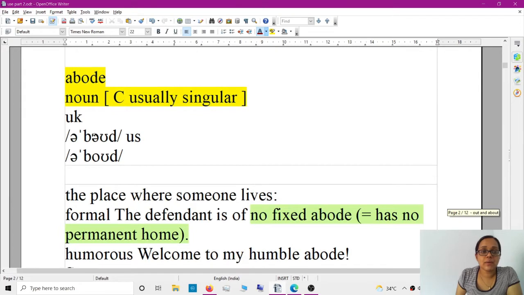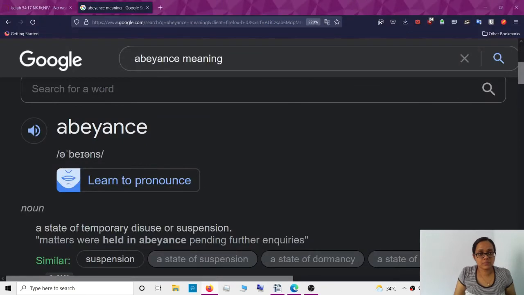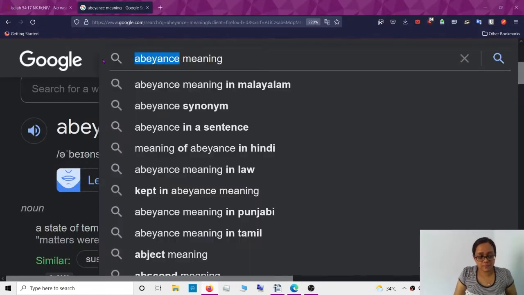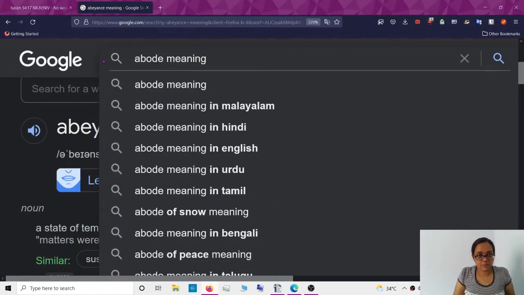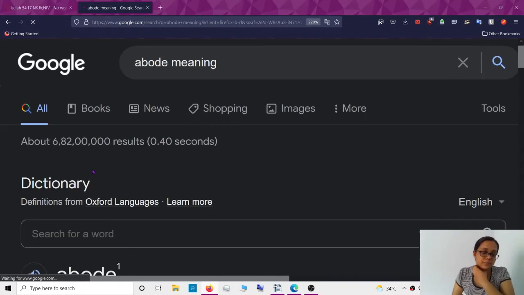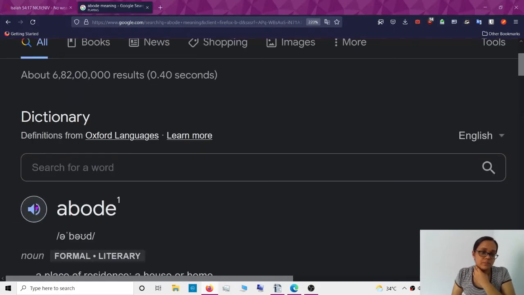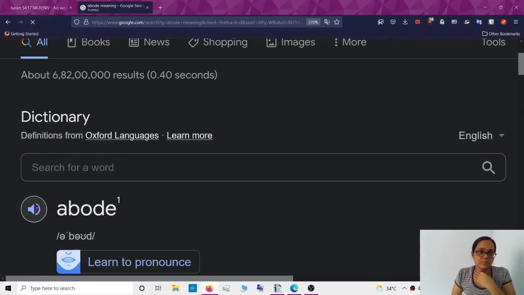So the next vocabulary is abode. Let's look at the pronunciation: abode, abode.